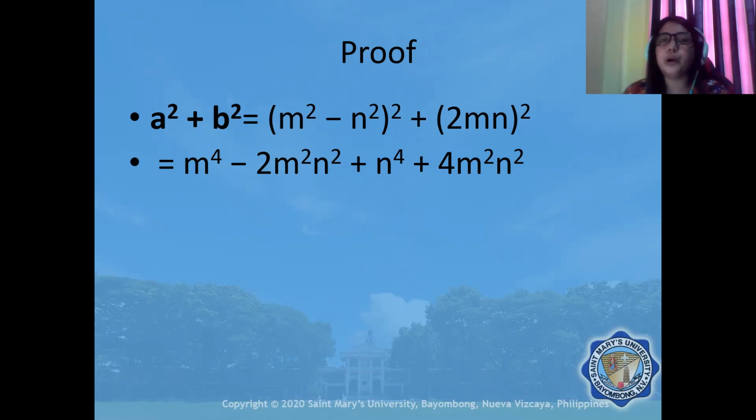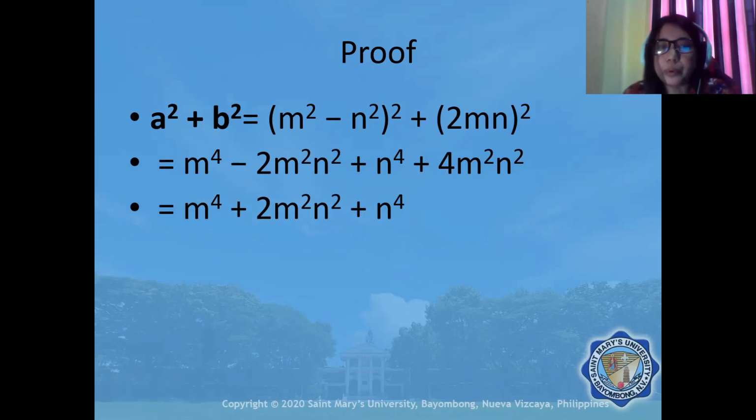We obtain m raised to 4 minus 2m squared n squared plus n raised to 4, plus, if we get the square of 2mn, that is 2 times 2, 4m squared n squared. Then simplify. Combine like terms: we have the like terms negative 2m squared n squared and 4m squared n squared. Negative 2 plus 4 will result in 2m squared n squared, plus n raised to 4.